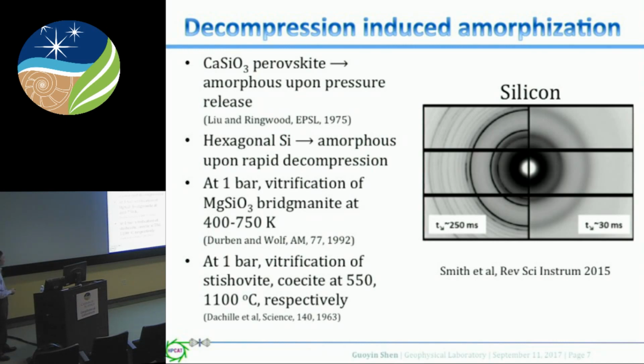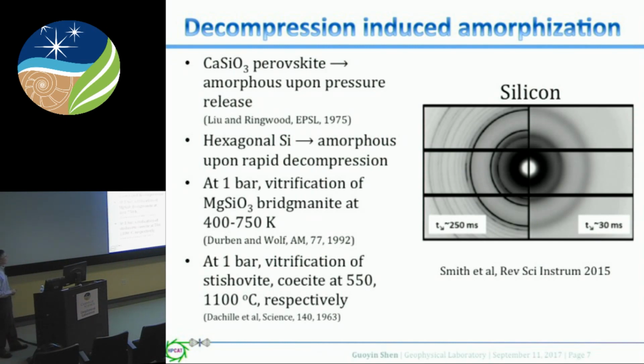For silicon, for example, if we increase pressure and then release the pressure fast, we get amorphous silicon. Of course, this is decompression-rate dependent. If we release slowly, we get some kinds of metastable crystalline phases. If we decompress fast, we get amorphous silicon. So that's also an example of decompression-induced amorphization.